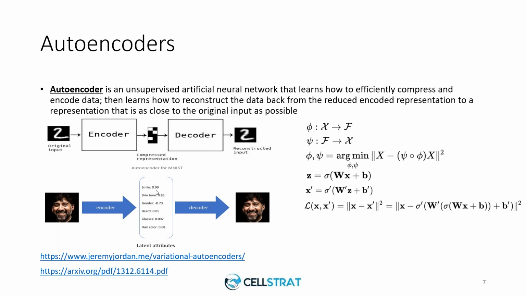For example, smile: if we increase the value a bit and then reconstruct, the person will be smiling more in the reconstructed image. In the same way, if we reduce the smile value, the expression will change. So this is one of the advantages supported by autoencoders.